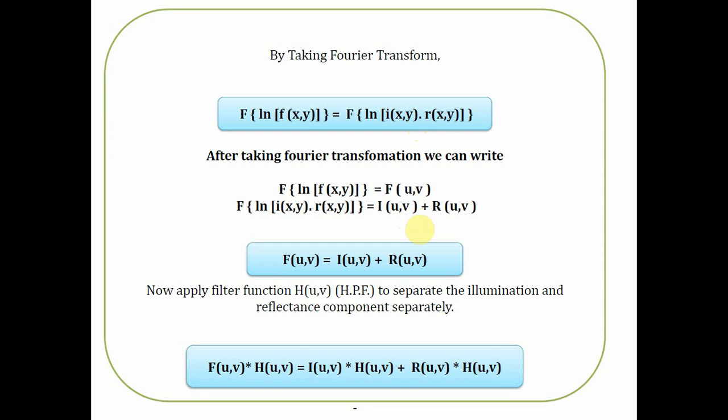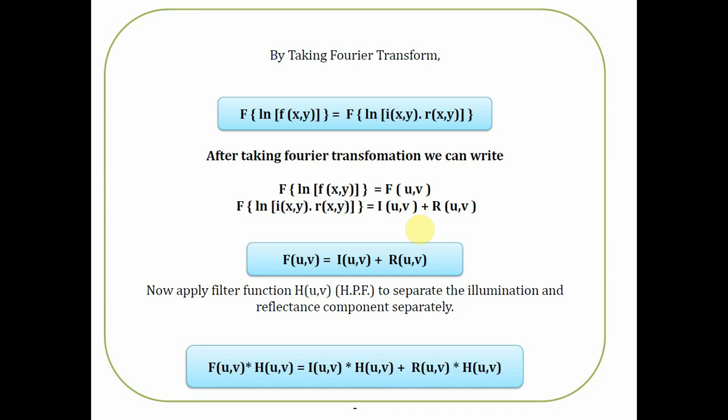Here uv is for the Fourier transform component. Okay, now I can rewrite the same equation: F of uv is nothing but I of uv plus r of uv.